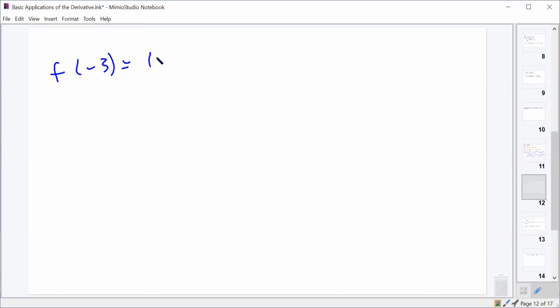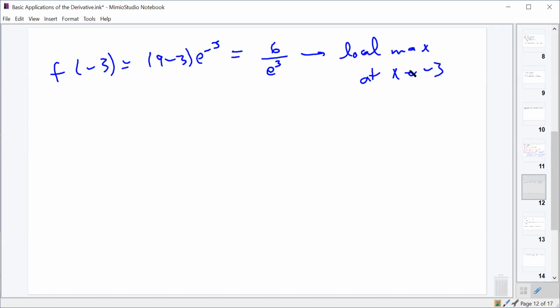So that becomes negative 3 squared minus 3 times e to the negative 3, which would be 6 over e cubed. And that's a local, what, max or min? Which would be a local max based on our sign chart. Okay? And it's a local max at x equals negative 3 if we wanted to specify that.